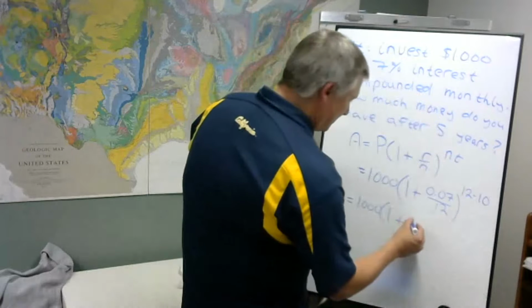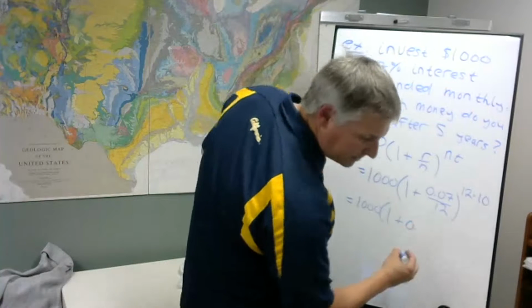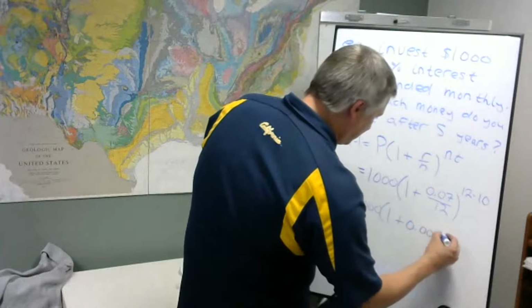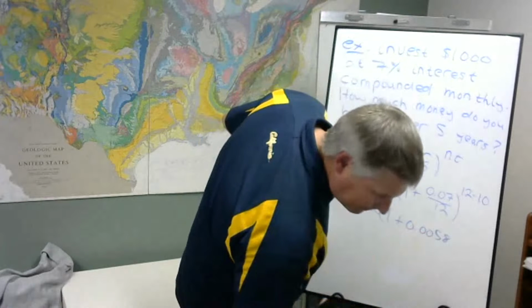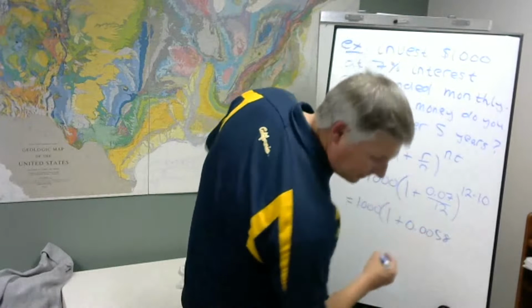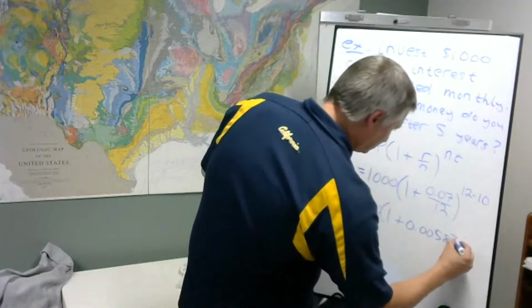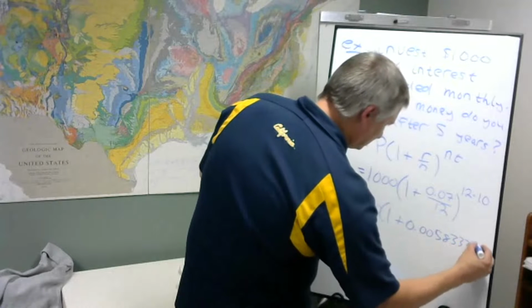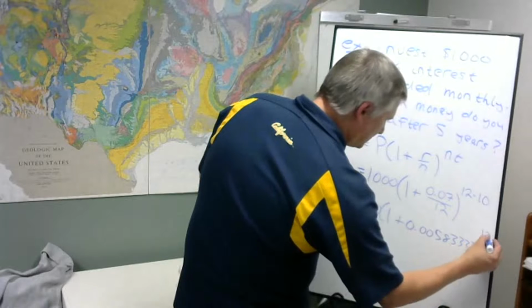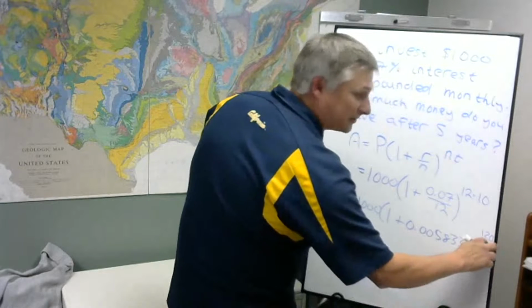I'm going to give as many decimal places as my calculator will give. 5 threes. And this is to the 120. It's 120 right there.